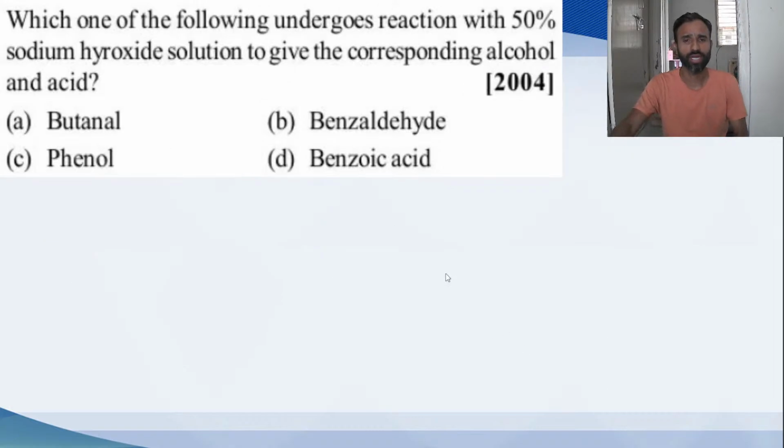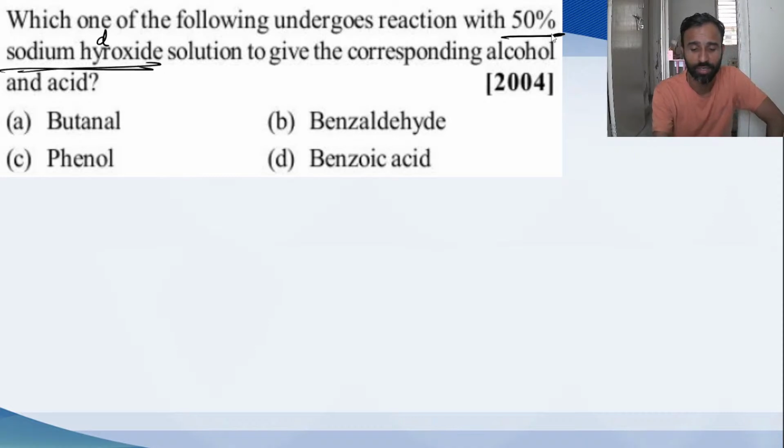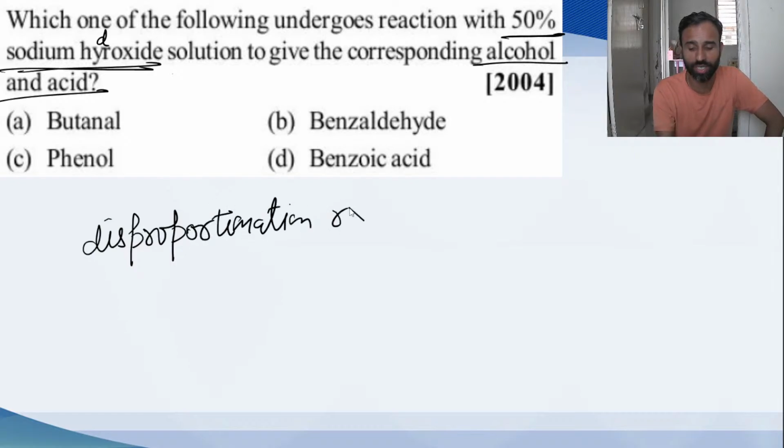Next, which one of the following undergoes reaction with 50% sodium hydroxide to give alcohol and acid? That means it is a disproportionation reaction. And what is the name of this reaction? I think you know better than anyone else.